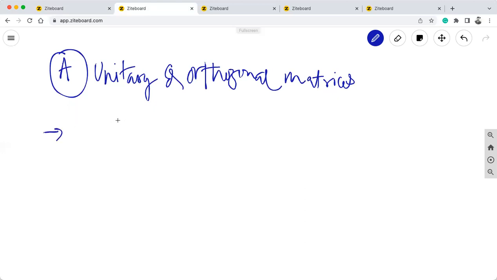A unitary matrix is basically a complex matrix U of some dimension N cross N. So basically they are complex matrices, meaning they belong to C^(N×N). I took the square version. You can also take M cross N as well, no issue. Where the columns or the rows constitute an orthonormal basis.